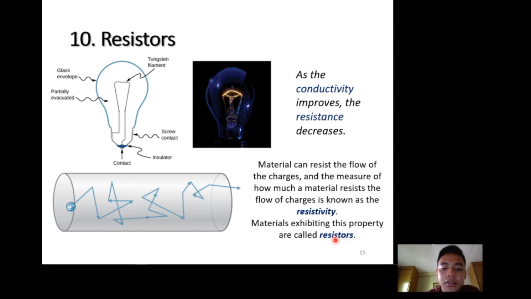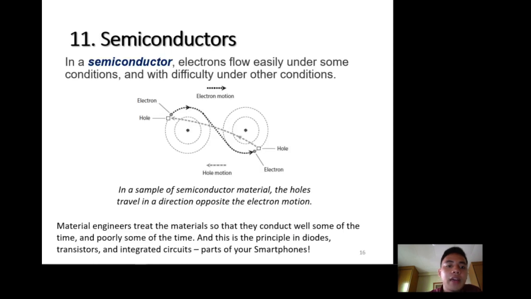There's a specific topic for this wherein we will find out that resistance is not just an undesirable phenomenon, but actually has a good effect, no? It has a good impact, no? As the conductivity improves, the resistance decreases. So it's inversely proportional.